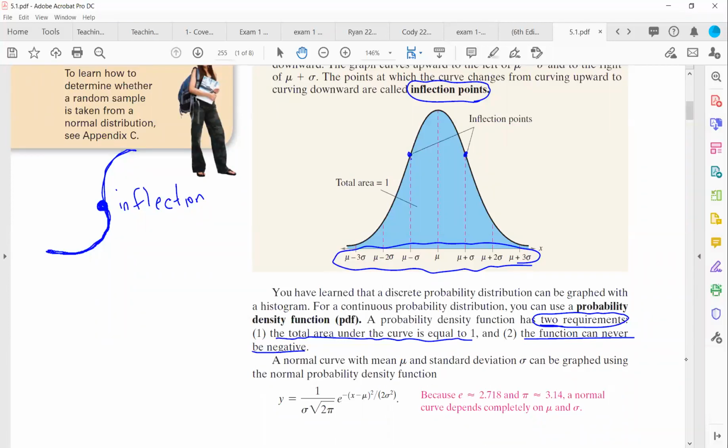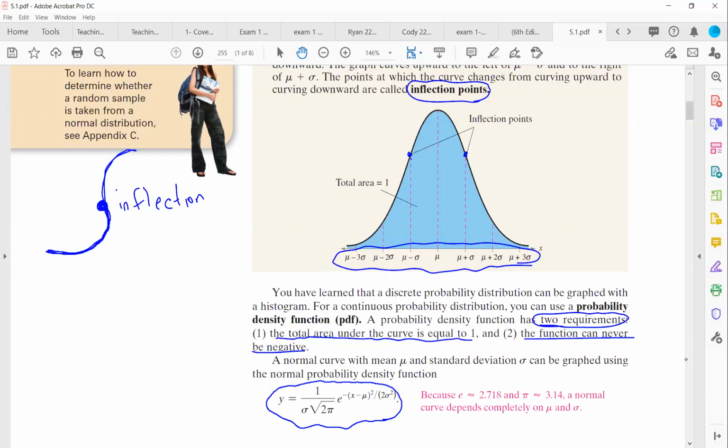How do we define a probability density function for a normal distribution? This crazy looking function is the probability density function for a normal distribution. As you can see, here you have an exponential function.